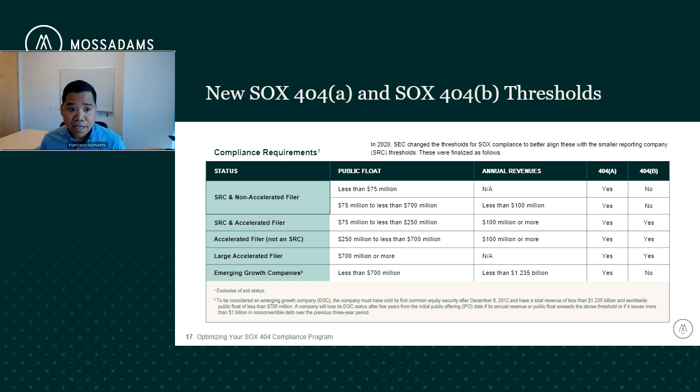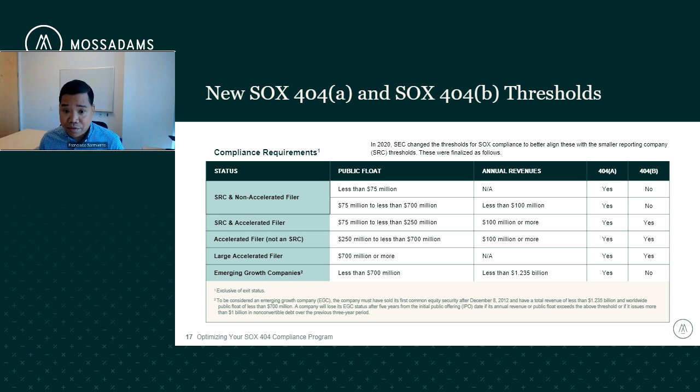And then if you are an SRC and an accelerated filer, which means you have a public float of 75 million to less than 250 million, but you have revenue of 100 million or more, then you have to comply with 404B. If you become an accelerated filer, that is a company with a public float of 250 million to less than 700 million and annual revenue of 100 million or more, same thing, you have to comply with 404A and 404B.